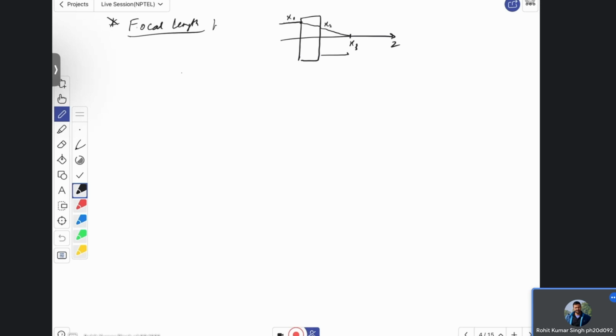So this distance is what we call focal length. Think of it like a lens. In optics, if you have a converging lens and a light beam coming in parallel, it gets focused. In this direction we call the focal length. So similarly here also we have this direction as focal length.